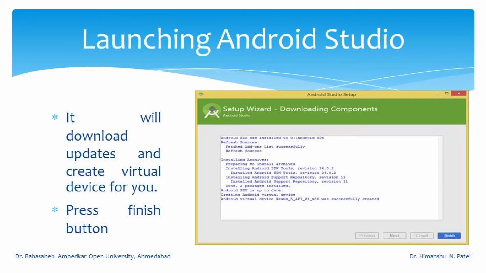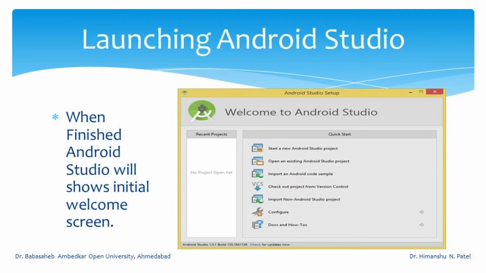Press the finish button once everything is downloaded and ready to use. So, when you press the finish button, the actual IDE is shown. This is our welcome screen for Android Studio. Here there are various options available to start mobile application development.